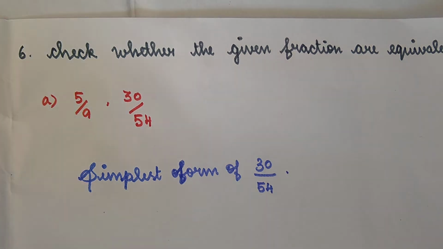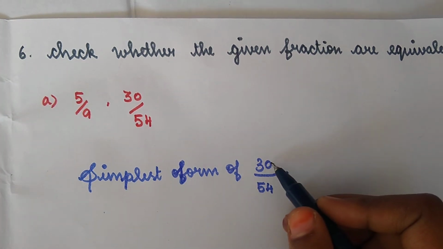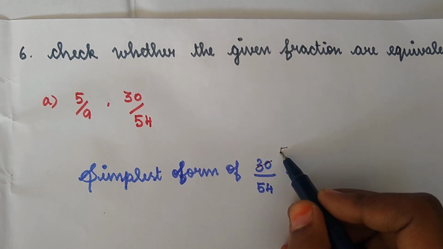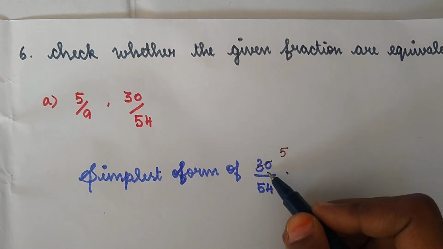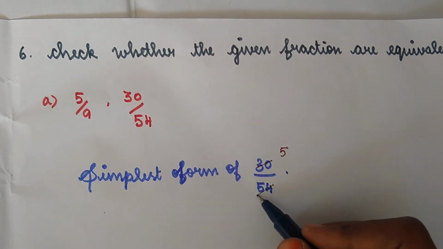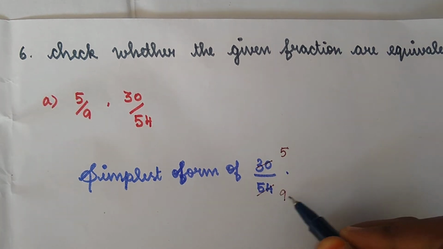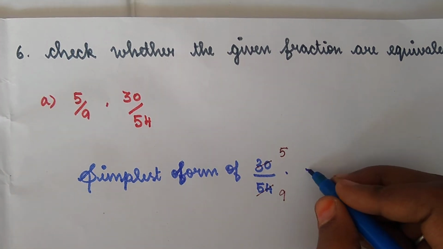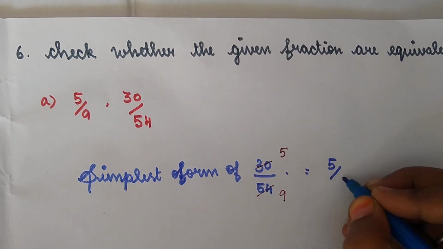We have to cancel in the 6 table. 5 6s are 30, 9 6s are 54. So the answer is 5 by 9.